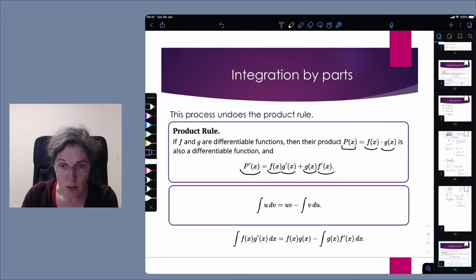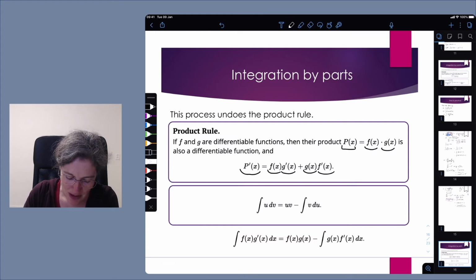Okay, so how do we use this? Well, let's start by looking at this form over here. What we're really going to do is a kind of switcheroo.